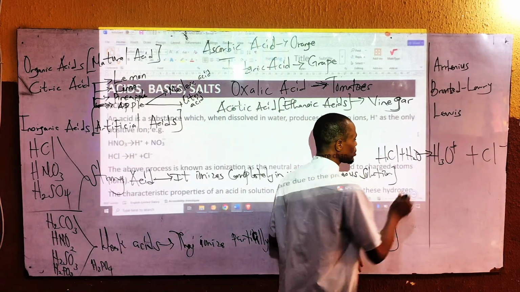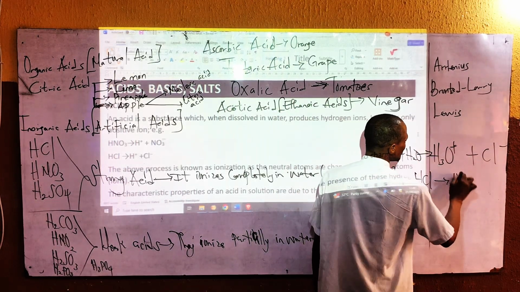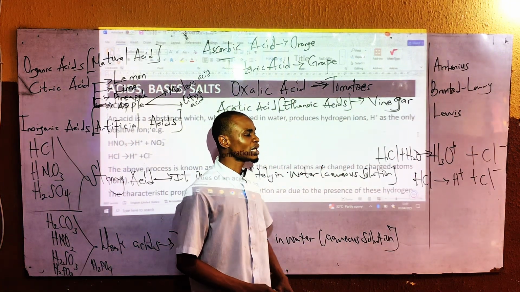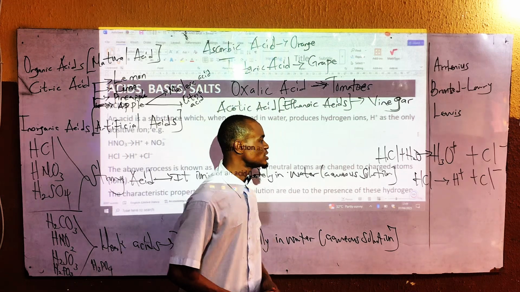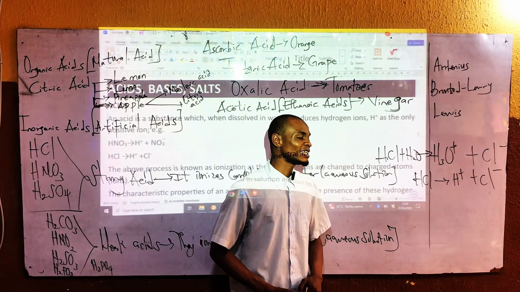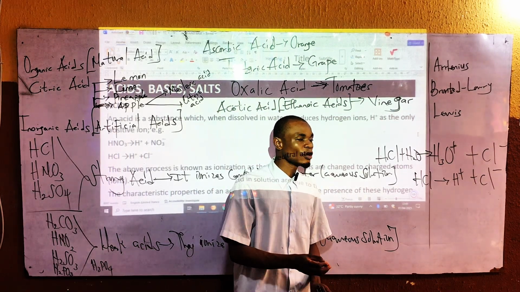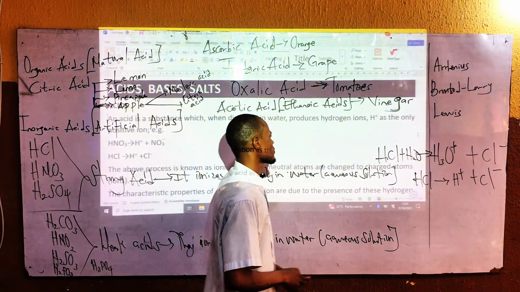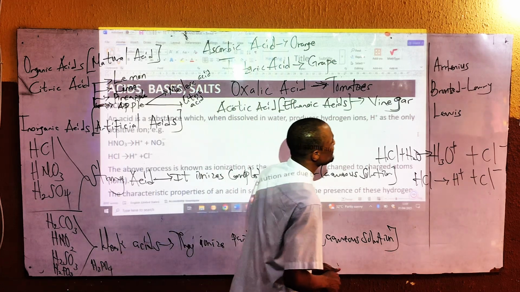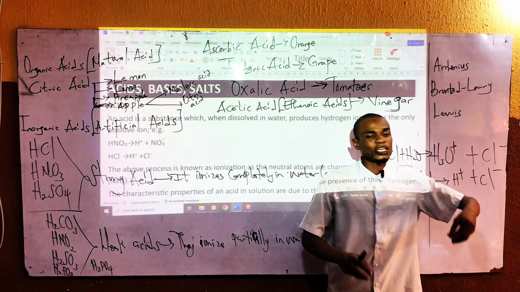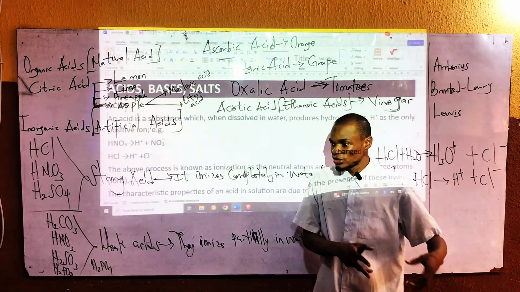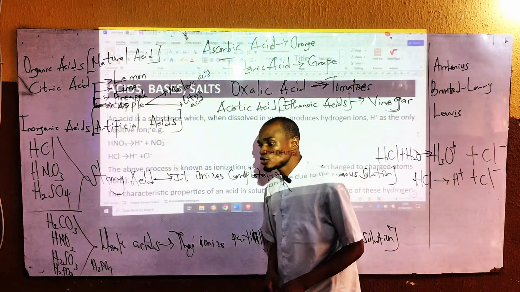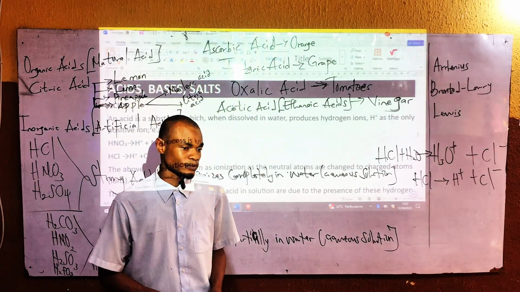For convenience, you normally write the dissociation as H+ and Cl-. Acid ionizes to give hydrogen ion as the only positive ion in aqueous solution, that is, when you dissolve something in water. A base is a substance which ionizes to give hydroxide ion, OH-, as the only negative ion in an aqueous solution.